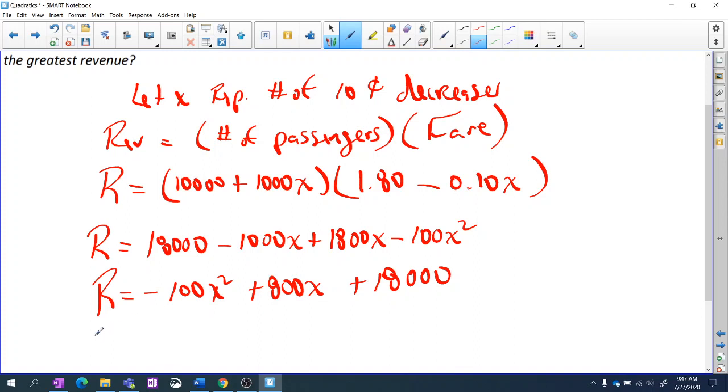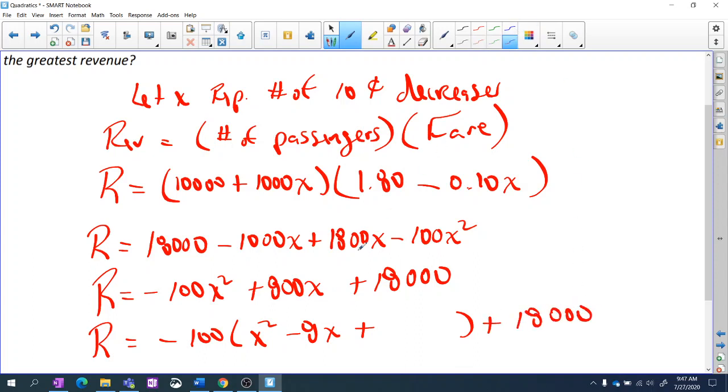So let's see if we can figure out how to maximize this. Negative 100 x squared, subtract 8x, plus 18,000. Half of 8 is 4. 4 squared is 16. 16 times negative 100 is negative 1600, which would mean I'd want to add 1600 at the end.